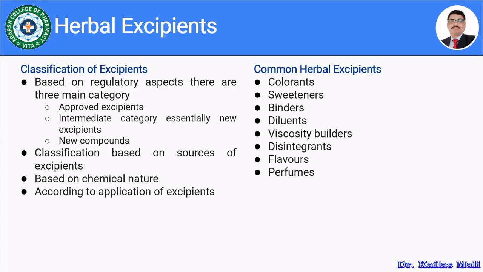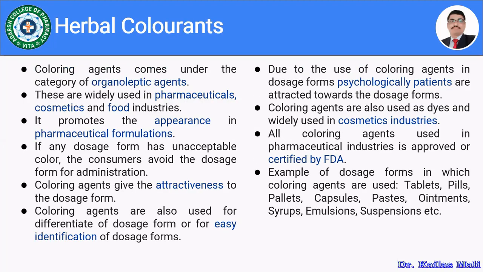So let us move towards the very first herbal excipient, that is the colorants. All of you are aware that colorants are used in the formulation as organoleptic additives. They give an appealing color to the formulation.